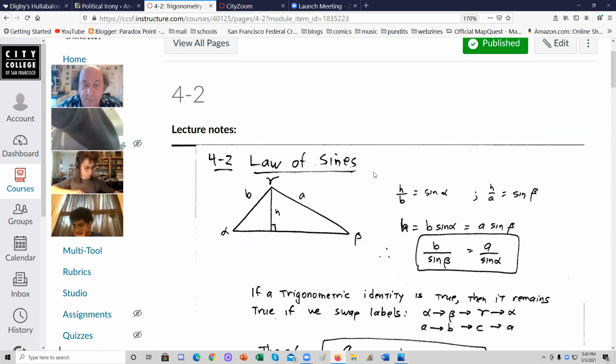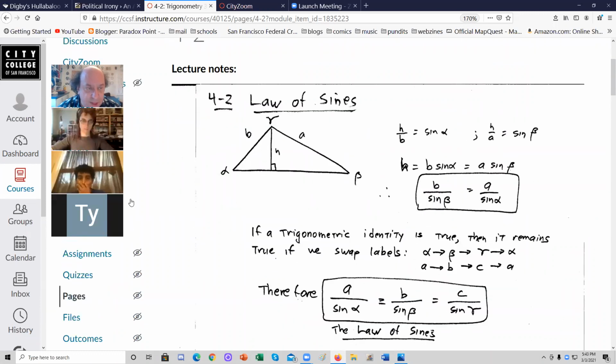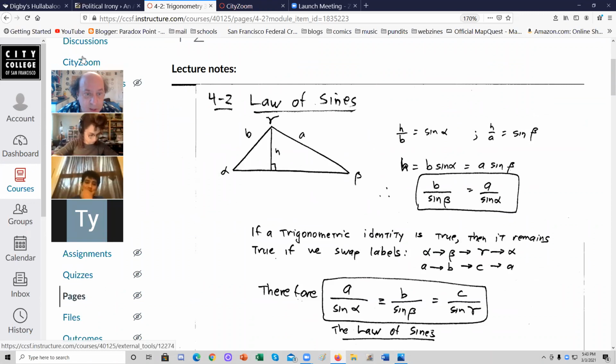Now, a big one, law of sines. Let's start off with a triangle. It'll relate sines of angles to their opposite sides. So let's say we have a triangle with angles alpha and beta, traditional Greek letters. Opposite alpha is a, opposite beta is b. And we drop this perpendicular with a height of h.